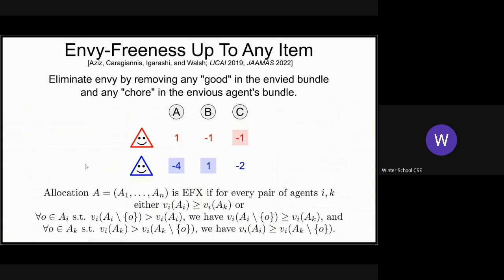Up to the removal of any such items, it should be envy free. For every good and every chore. For just goods or just chores, it would be EF1. Okay, so this is the notion.